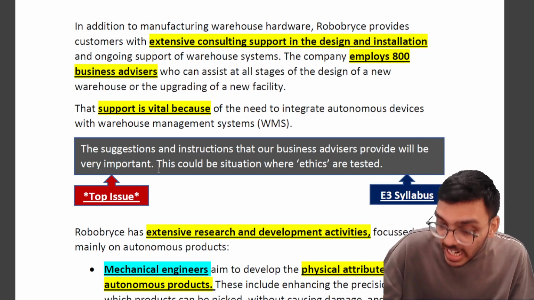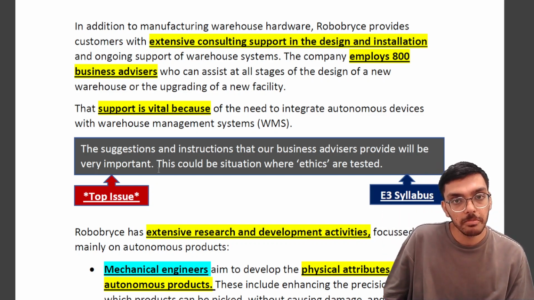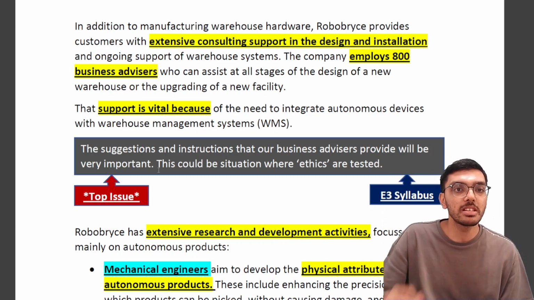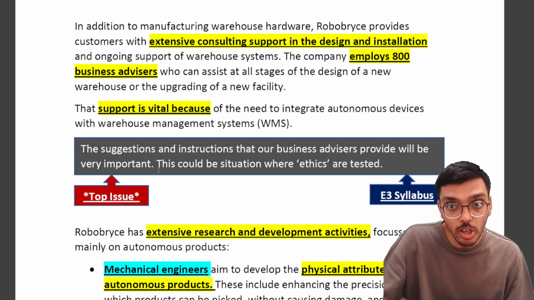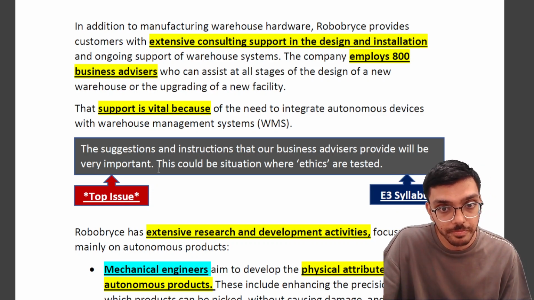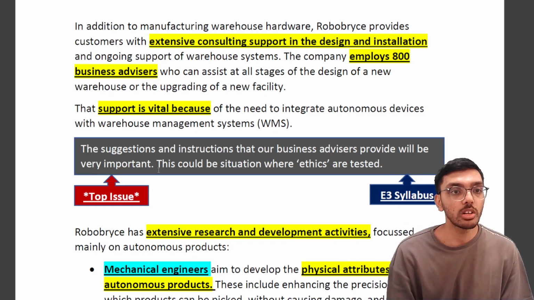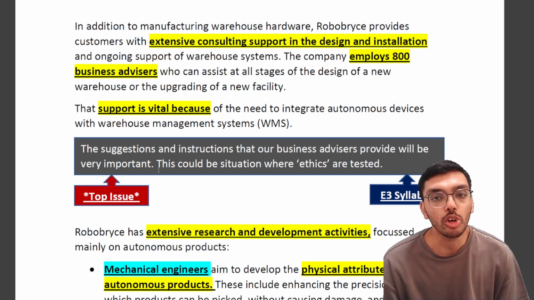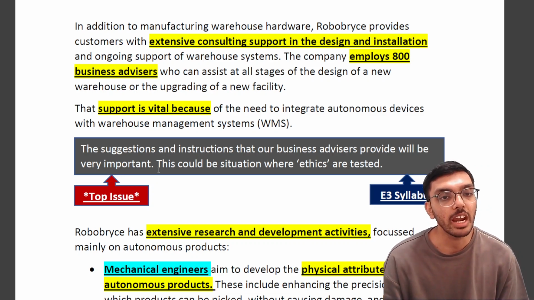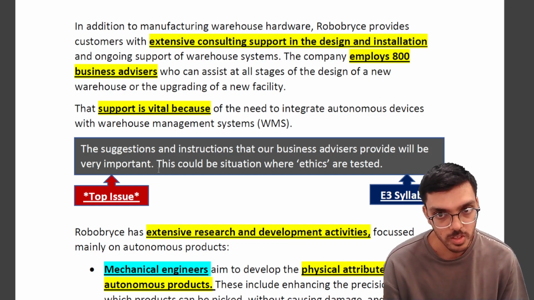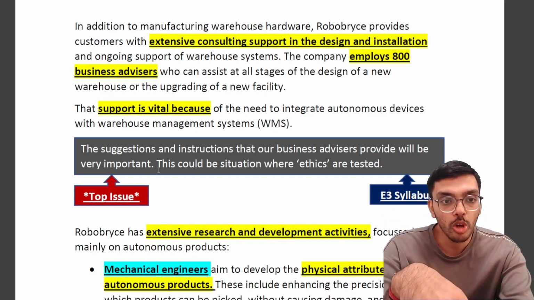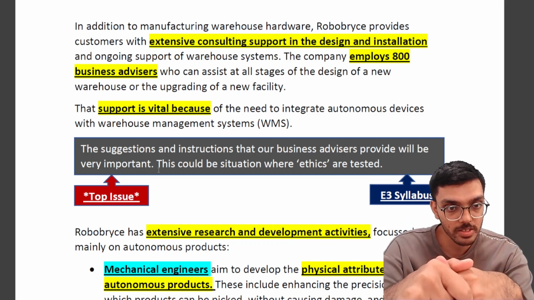This has been identified by my company, and they are telling us that the company employs 800 business advisors. It's a good thing, comparative advantage. The support is vital because of the need to integrate autonomous devices with warehouse management systems. We already know both need to work together, your autonomous devices and the WMS.